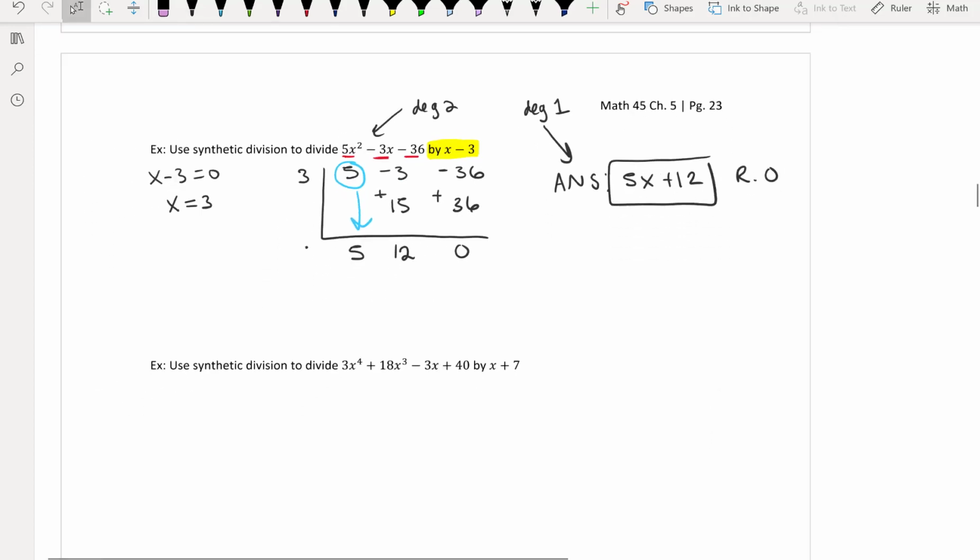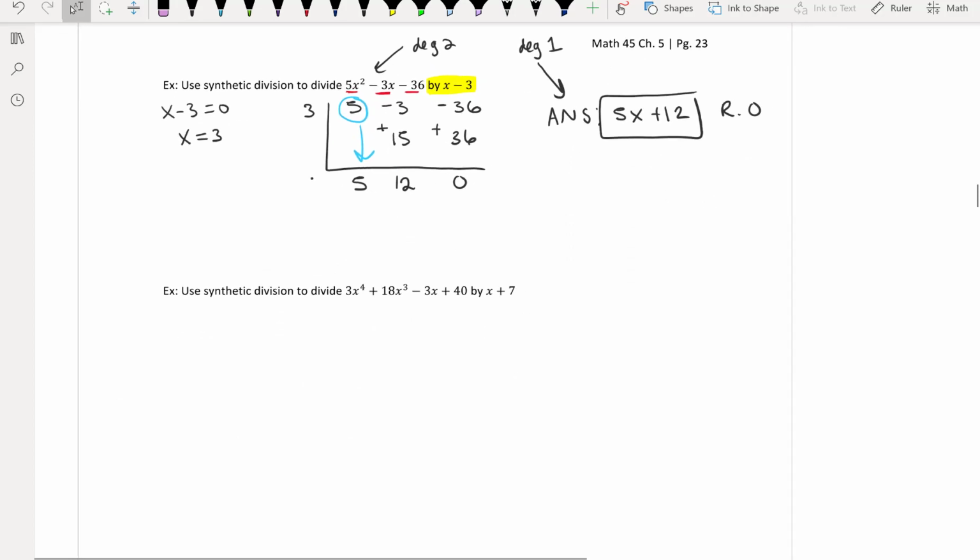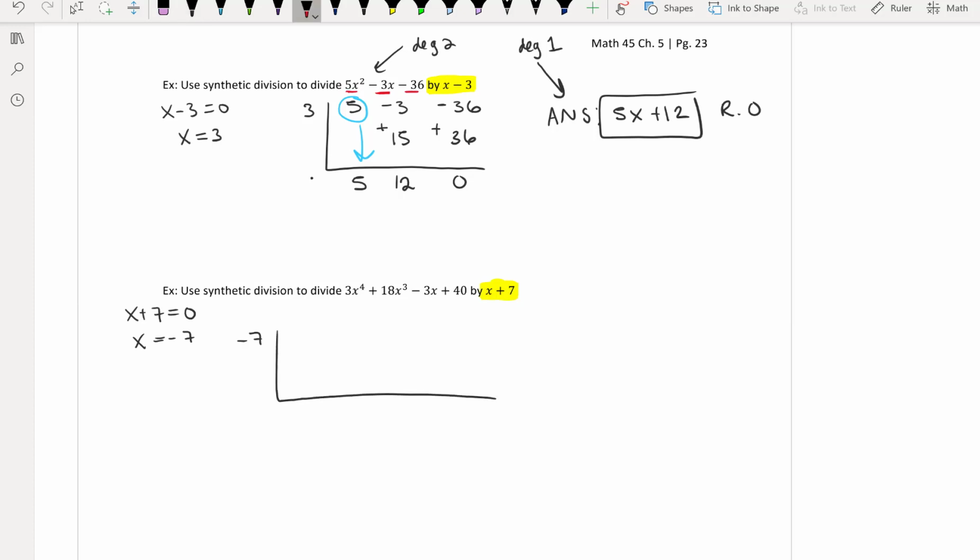Okay, I hope this is somewhat making sense. So again, I am using synthetic division to divide this polynomial by x plus 7. So remember, I'm going to take that x plus 7, set it equal to 0, so x is equal to negative 7. So negative 7 is going to be on the outside. Now I want to be careful.